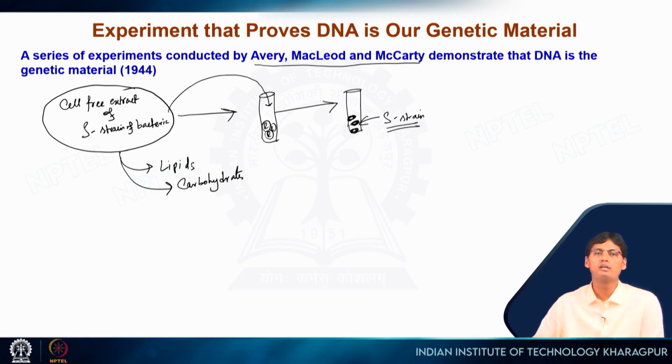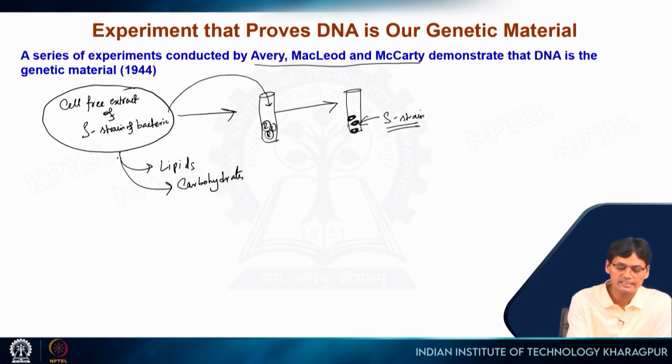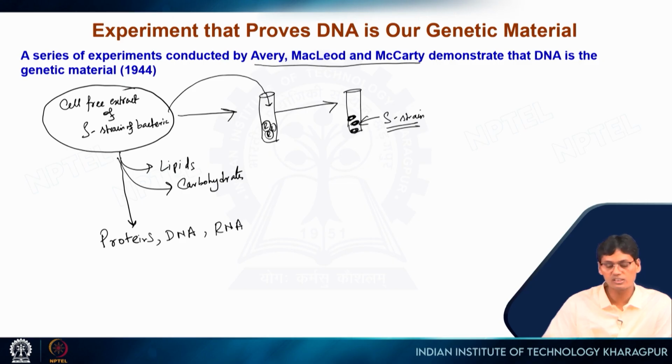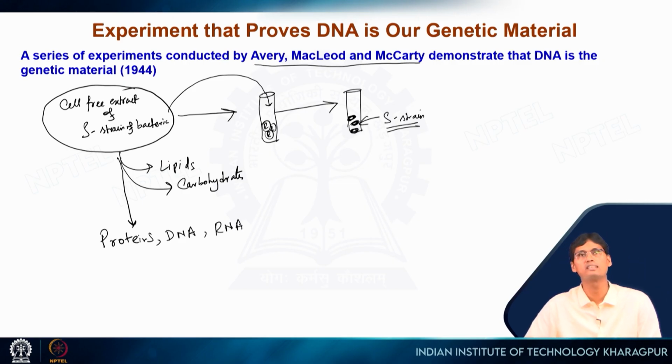Now their hypothesis is that in this cell-free extract they have proteins and nucleic acids. Nucleic acids here means DNA, deoxyribonucleic acid, and RNA, ribonucleic acid. So all these three things are present in this cell-free extract.